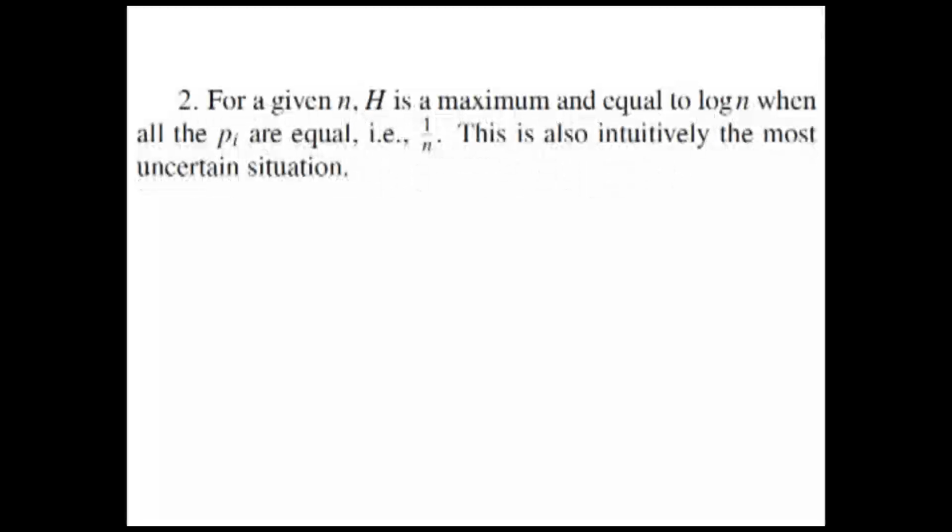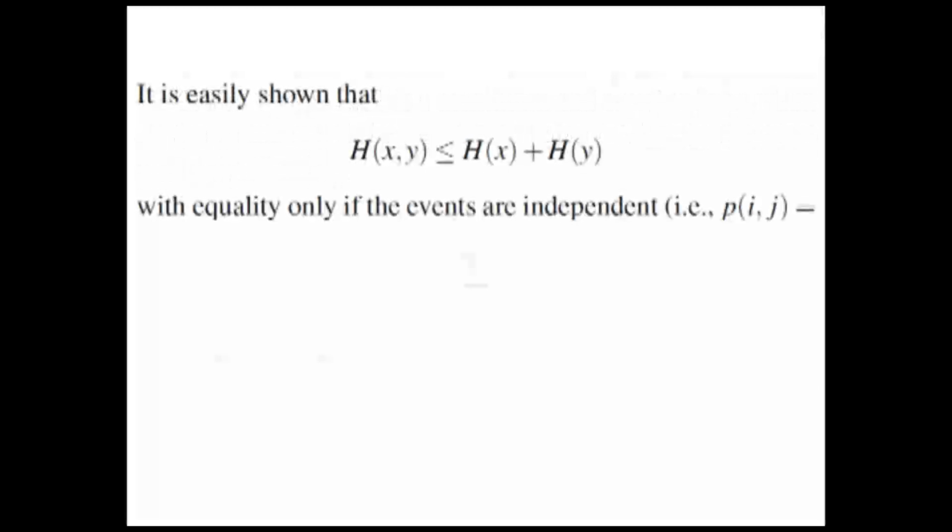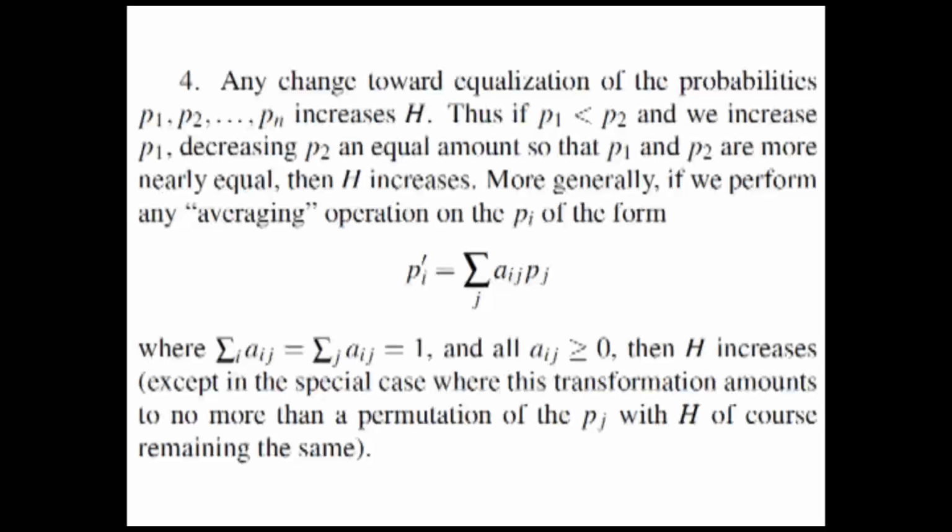Okay, so then he gives some of the basic properties of entropy. Now this one is very interesting, because now we will be able to prove this theorem very simply with relative entropy. The fact that when you have a doubly stochastic matrix, the entropy at the output is going to increase.